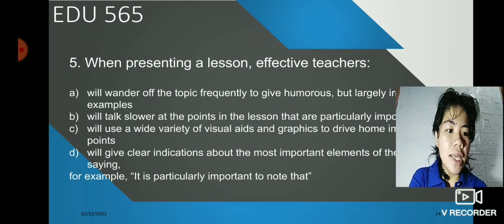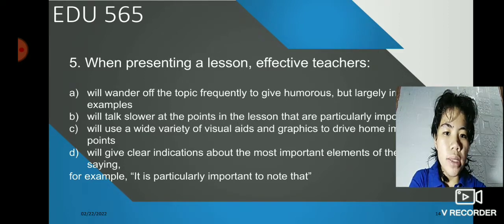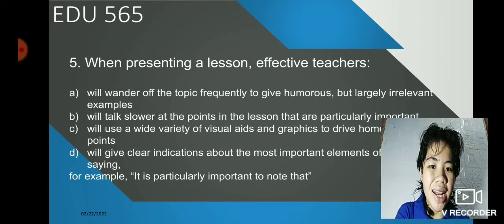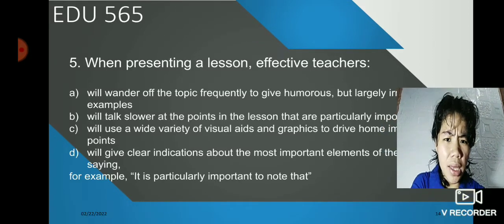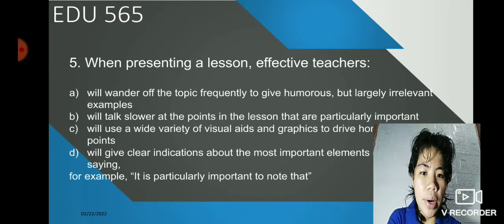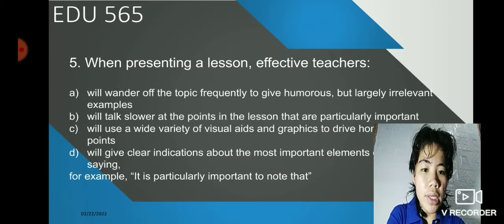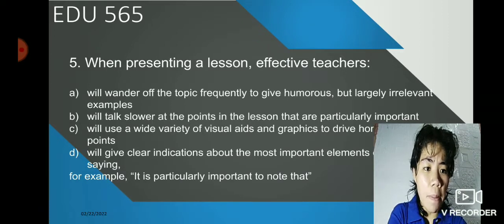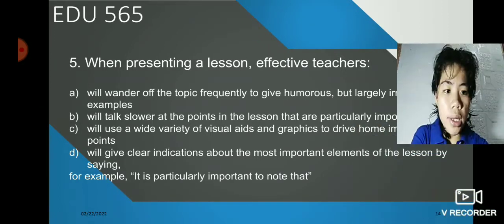When presenting a lesson, effective teachers A. will wander off the topic frequently to give humorous but largely irrelevant examples. B. will talk slower at the points in the lesson that are particularly important. C. will use a wide variety of visual aids and graphics to drive home important points.